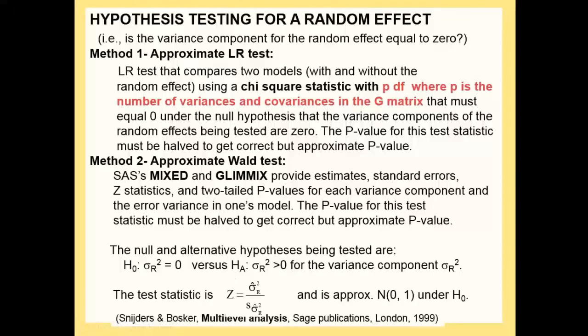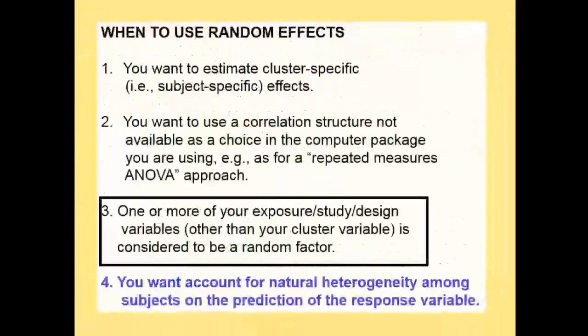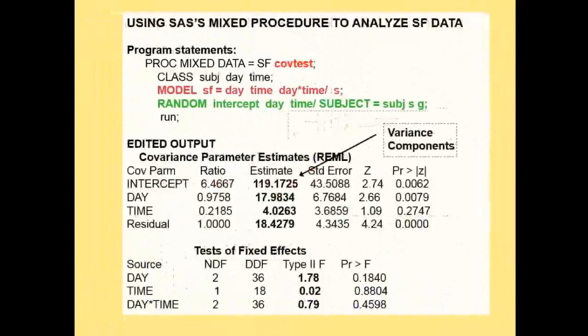Now that means that if you do a Wald test, the Wald test basically is simple. You take an estimate of this variance and divide by the estimated standard error. And that's what was done in that slide way back when. You took the estimate, 4.0263, divided by its standard error, 3.6859, which is 1.09.